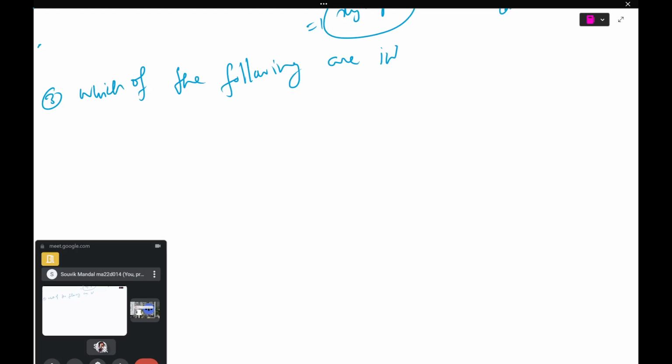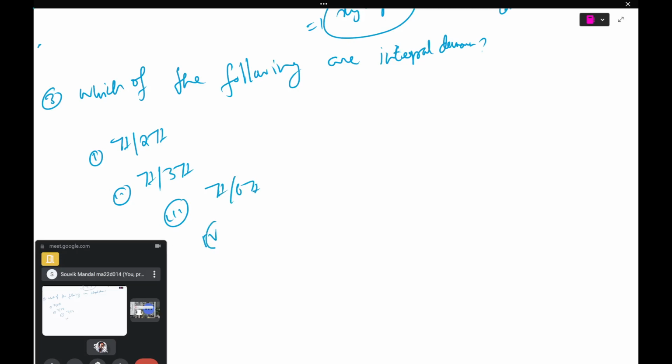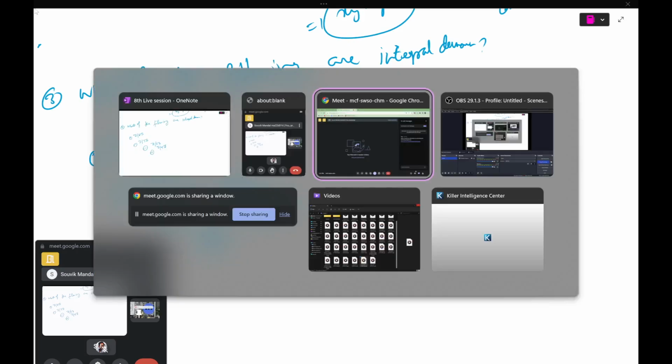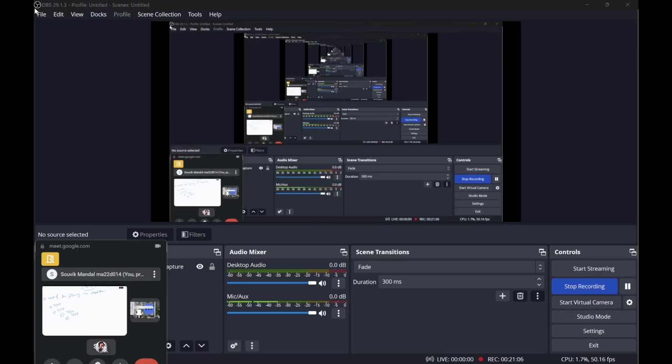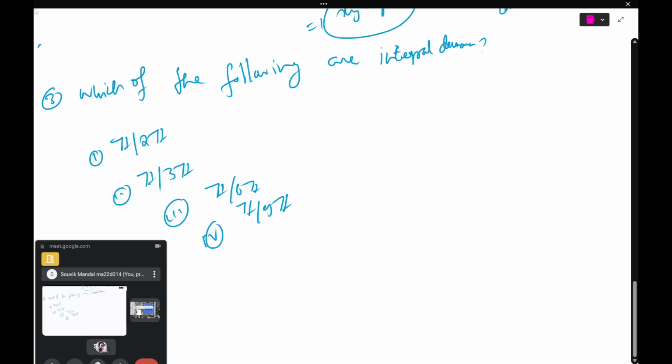Okay, I hope you know this. The question is which of the following is an integral domain? The first one is Z mod 2Z, the second one is Z mod 3Z, the third one is Z mod 6Z, the fourth one is Z mod 9Z. Now check which of these are integral domains. Kindly check.